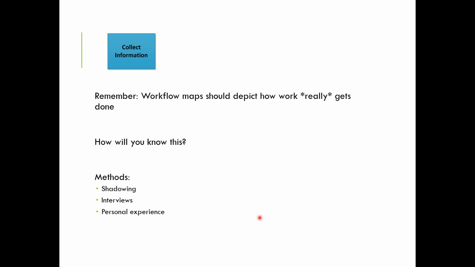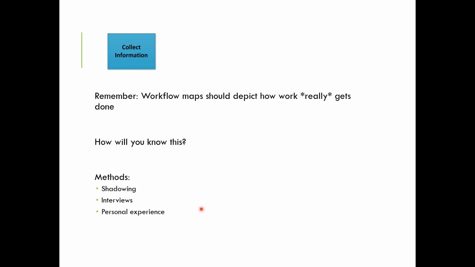The next step is collecting information, and this is especially important because, as I said earlier, you really want your documents to represent the work as it's actually getting done. And so it's essential to make your maps based on input from those who are actually doing the work. So how will you know what they're doing?